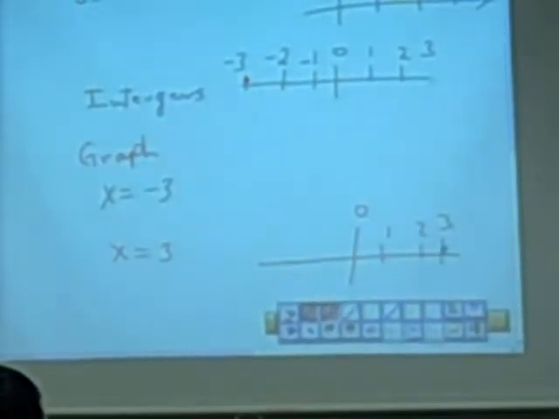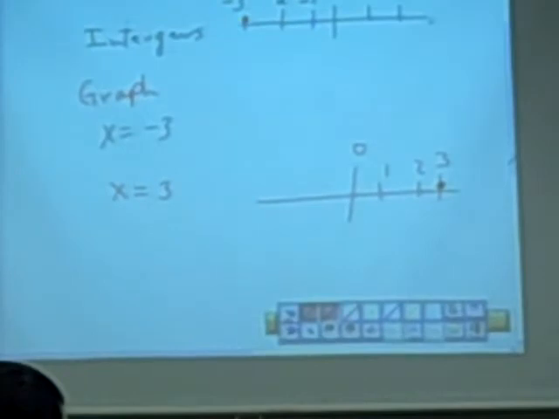So for each graph, for each number, you want to draw a separate number line. Okay? All right. On page 182, problems 9 through 14.